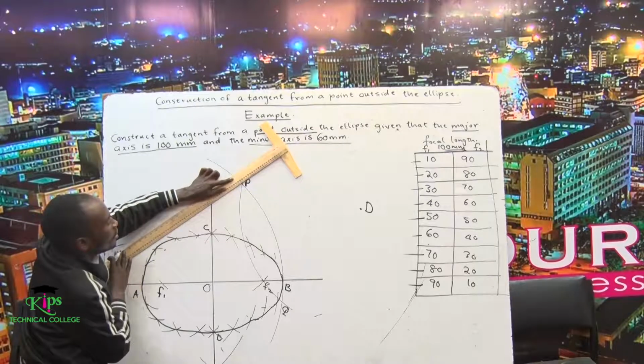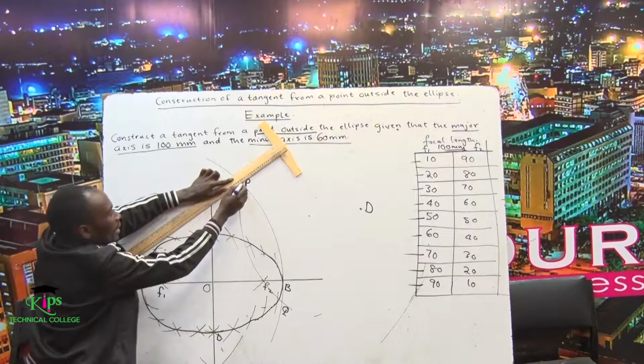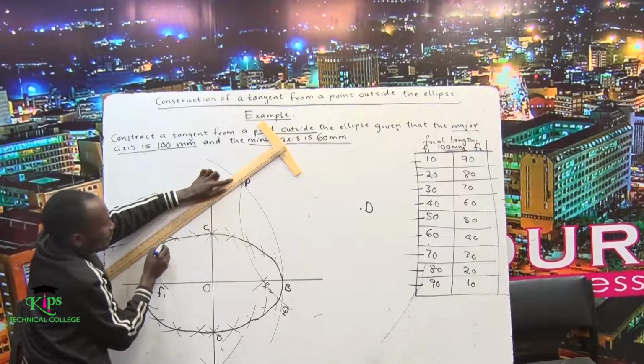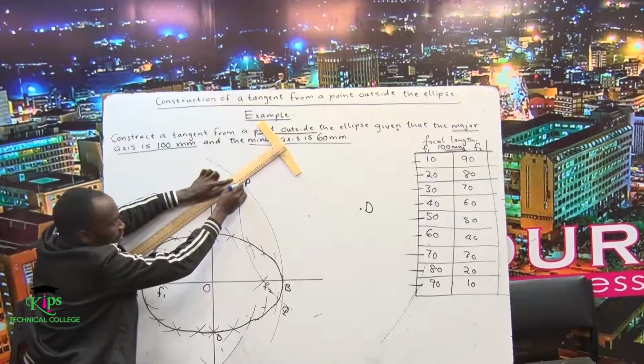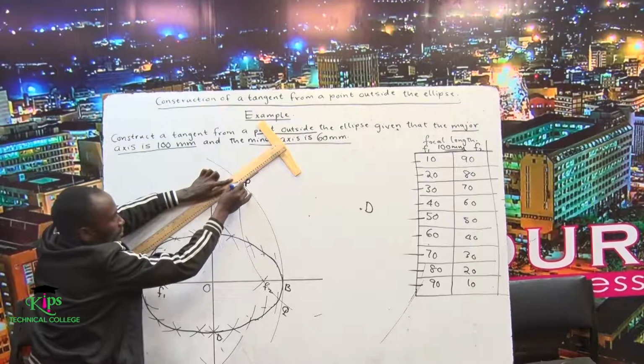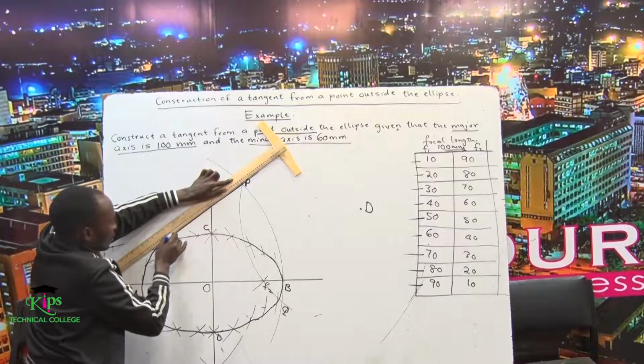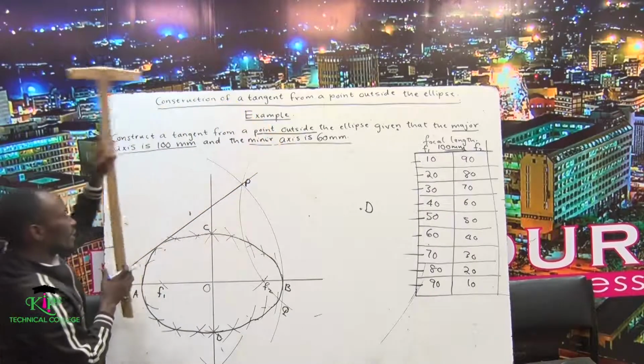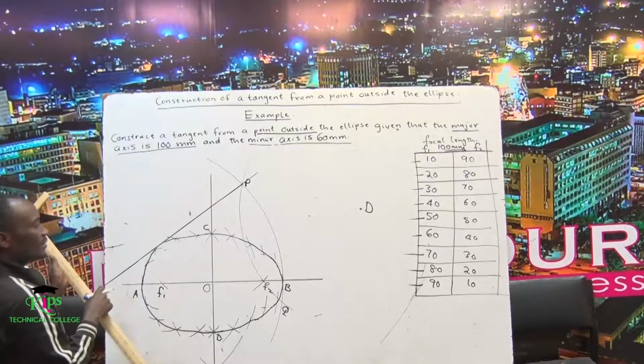I should now draw line P. Line P should be touching the surface of the ellipse. So you can see that it touches the surface of the ellipse.